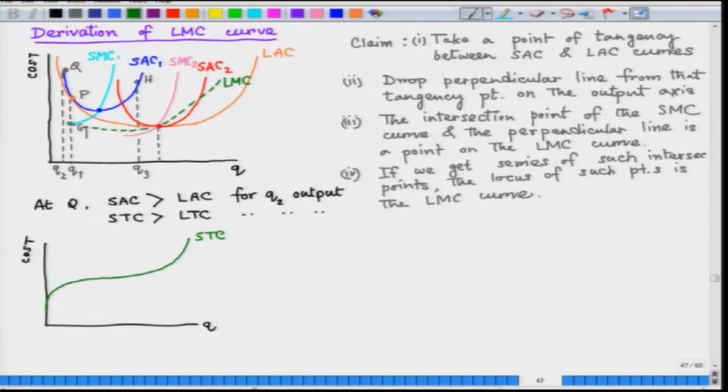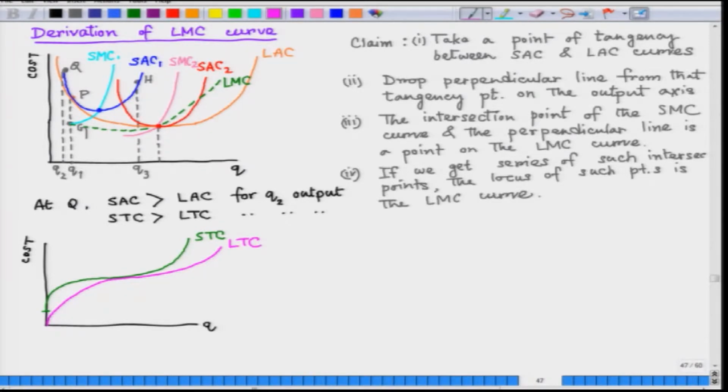And we know that it will start from a positive point along the cost axis because of the fixed cost in the short run, but in the long run we assume that everything is variable. So there is no fixed cost. So the long run total cost curve will start from the origin and it will make tangency at one point to the short run total cost, and then we get this long run total cost curve.